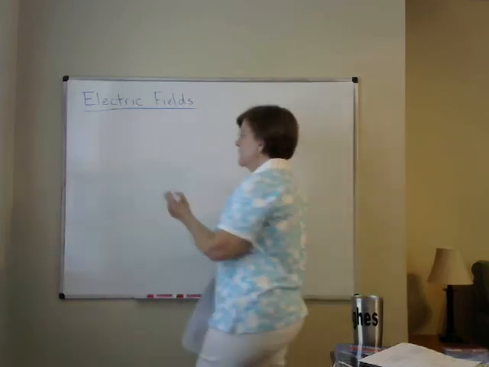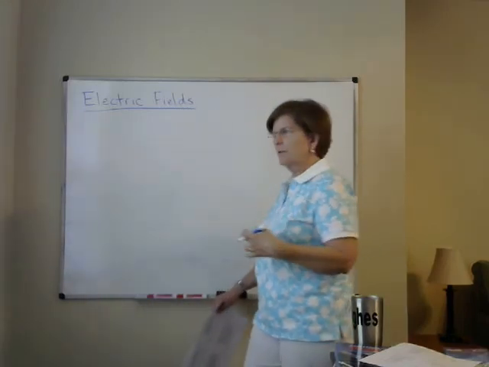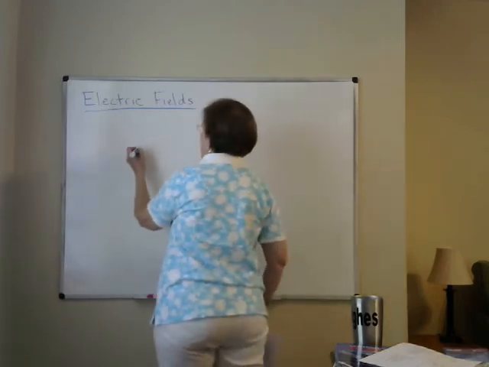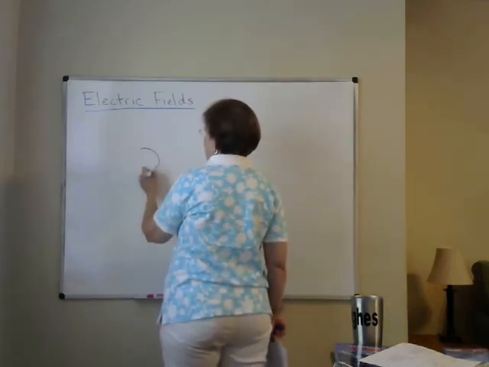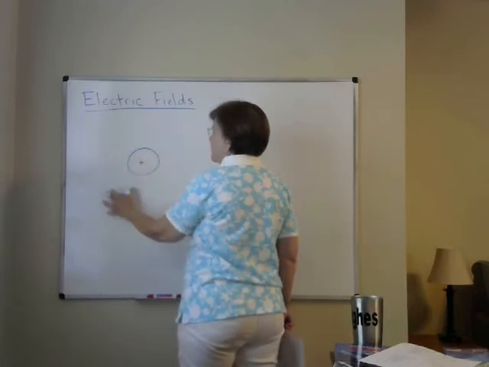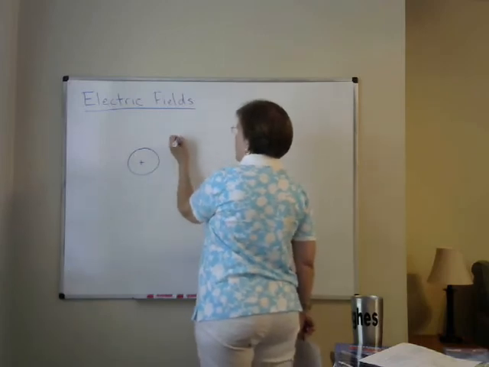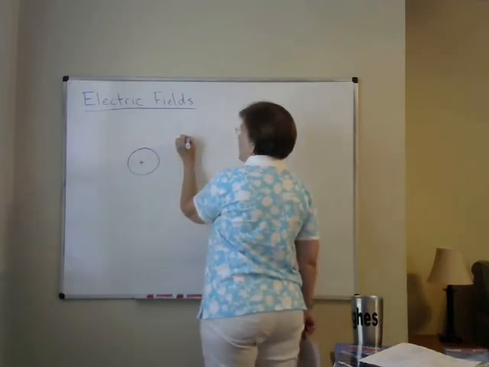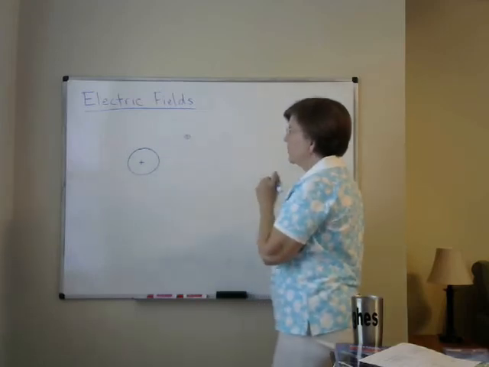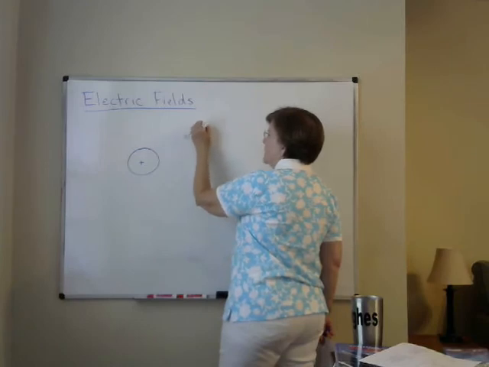If I think of an electric field, it would surround all of the charges in the universe. Let's suppose we have a fairly large positive charge. We would say there's a field surrounding it everywhere. And if you brought in another smaller charge, it's also positive, you know it would feel a force pushing it away.